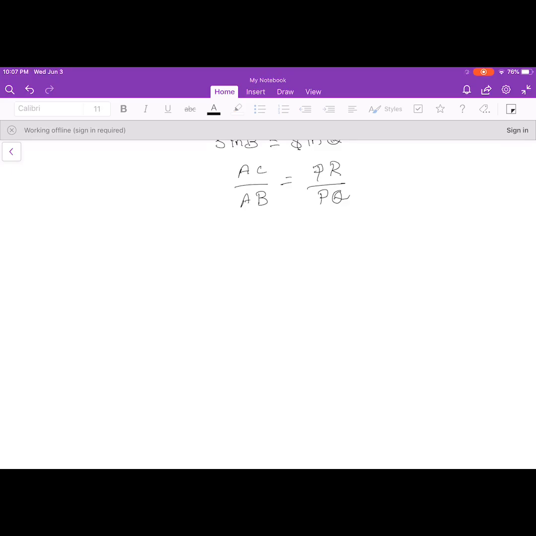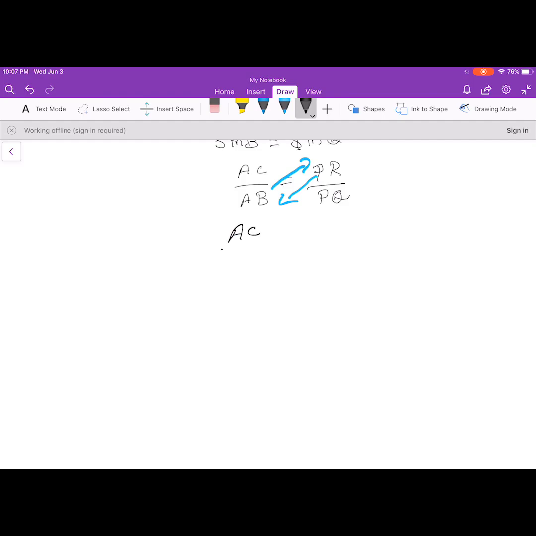On taking PR here and AB to the other side, I can write AC by PR is equal to AB by PQ. Let us take this to be some number. We don't know what the number is, so let us take it to be k.